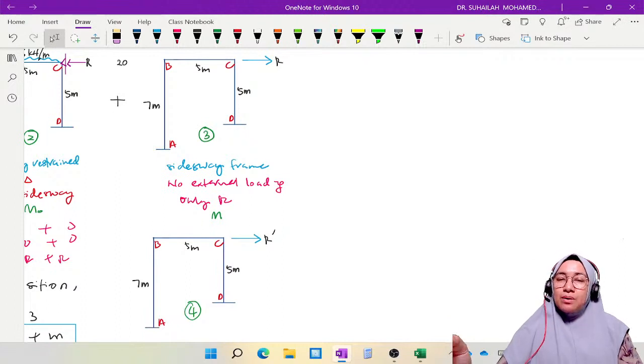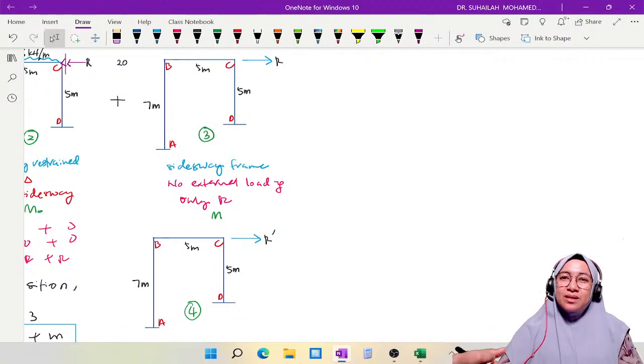So for table number 2, for side sway frame, since delta is unknown, we cannot use diagram number 3 directly, so we use it indirectly. We introduce another frame which is proportional with diagram number 3, but this frame is subjected to R prime.